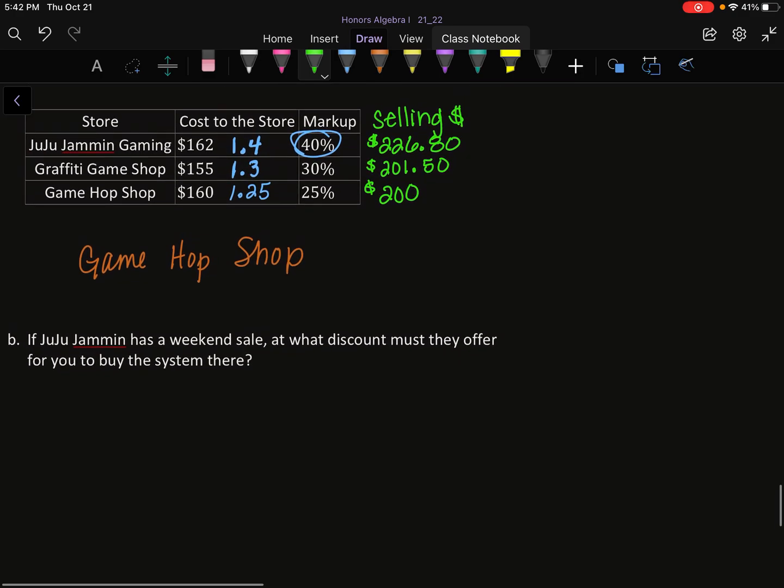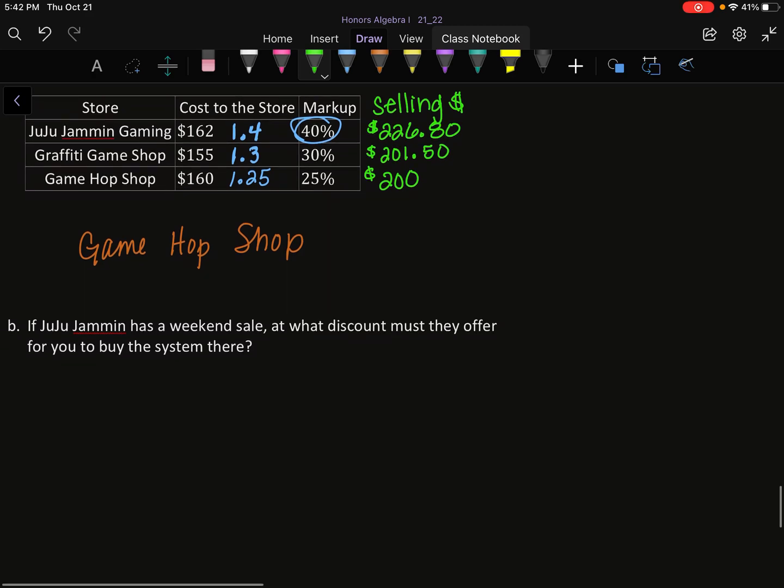I want to know how much I have to take off of 226.80 to get to 200. My mind is going in a couple of different ways because I don't know which way I want to go. We're going to set X equal to the discount.